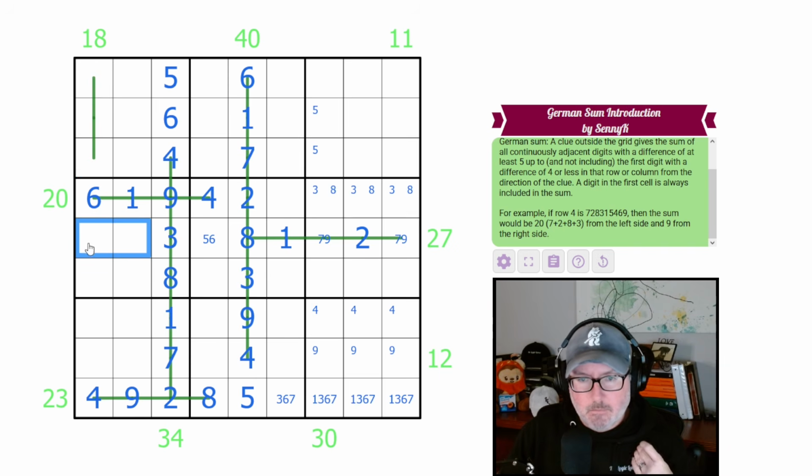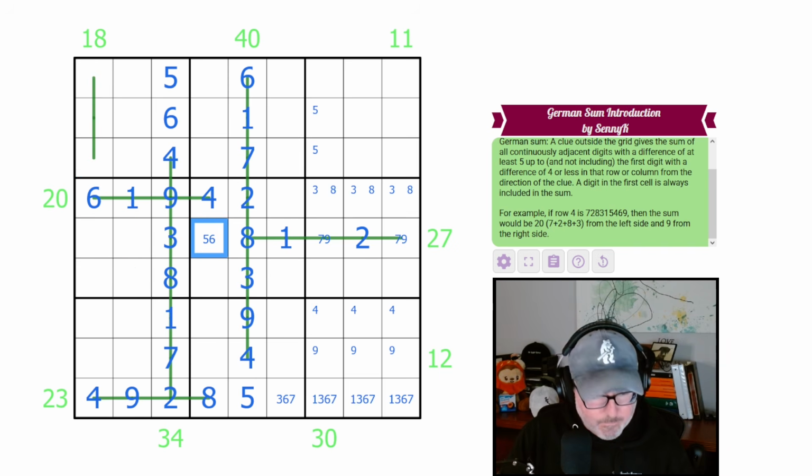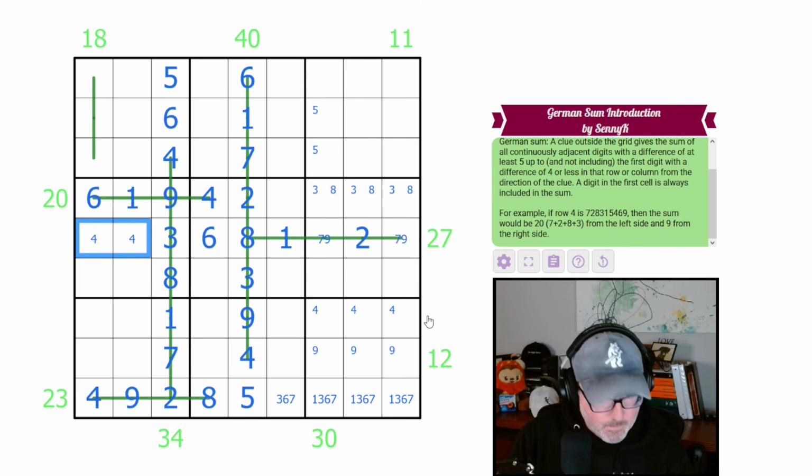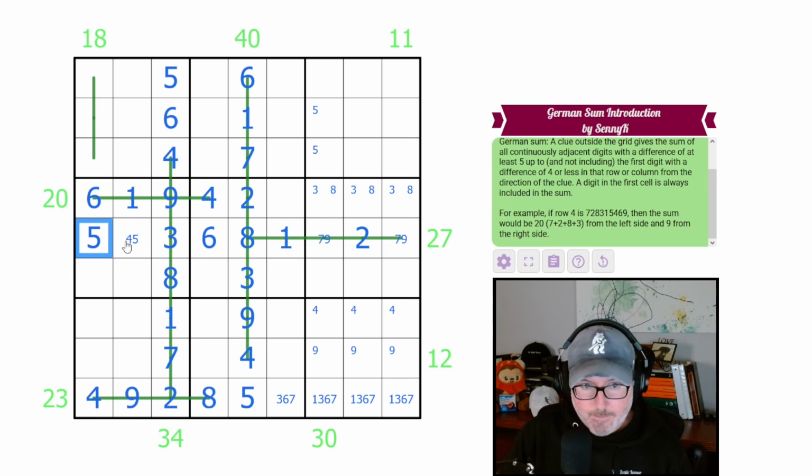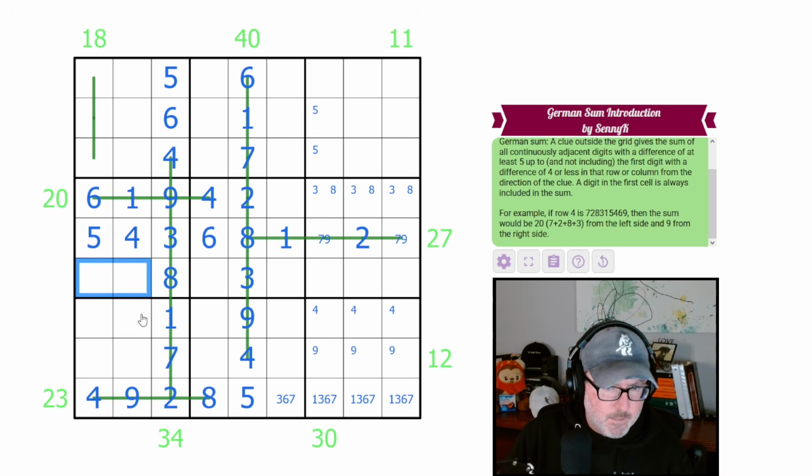Or do we think about, well, this is a 6 because of the row, and then these two digits, what are they? 4 and 5. And then you will be a 5, you will be a 4. So there's more work we could have done there. So we know if it gets to the 6, that's where it stops. These are 2 and 7, looks like. Put those in.